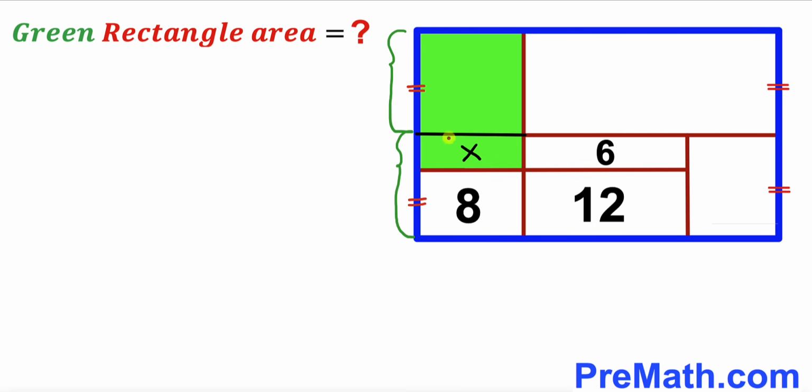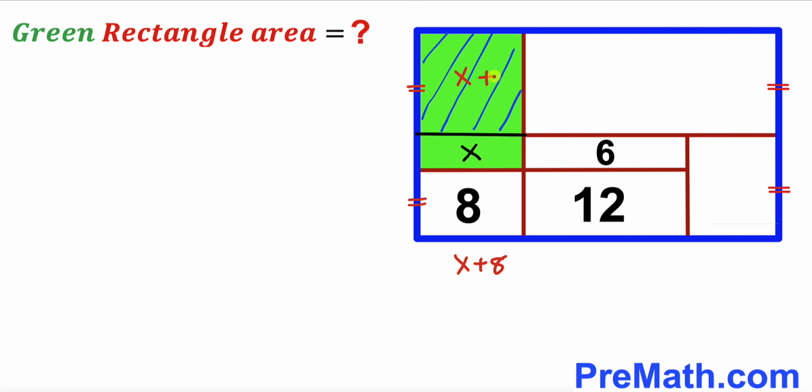We know the area of this whole part is simply x plus 8. So we conclude that this part of this green rectangle area is simply x plus 8 as well. Now our task is to simply find the value of x.